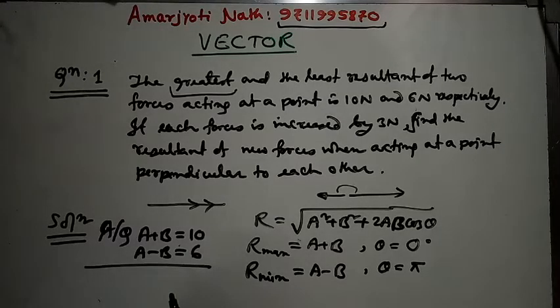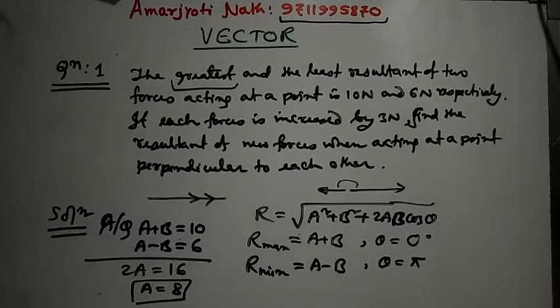Just adding them, I get 16, so A is equal to 8. The value of one vector is understood, and putting the value of A, B is equal to 10 minus 8, which is 2.